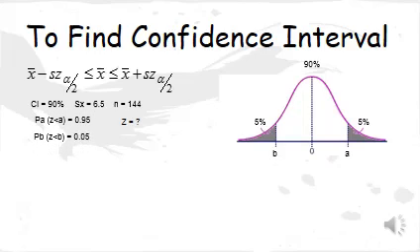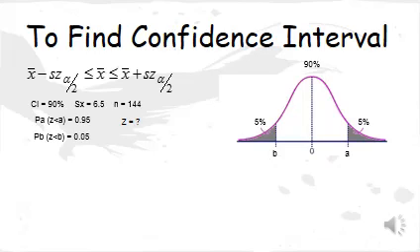In case the information on the previous slide was a bit confusing, let's do an example. Let's have the confidence interval be 90% with the standard deviation of 6.5, the sample size being 144, and the mean at 0.